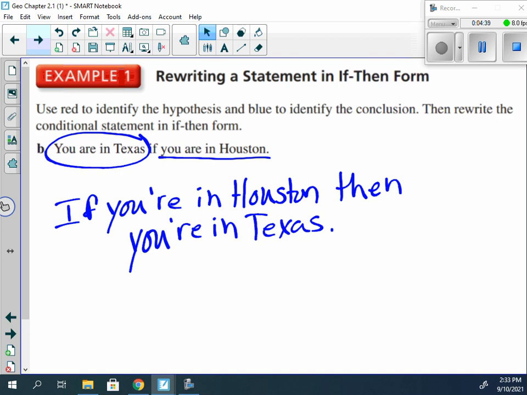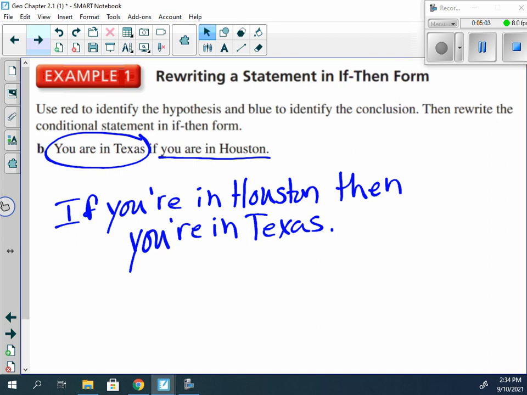Well, unless you're in another Houston. Is there another Houston? There might be. But will it go the other direction? No. Because could we say that if you are in Texas, then you are in Houston? Is that a true statement?